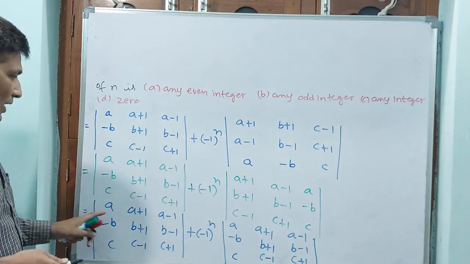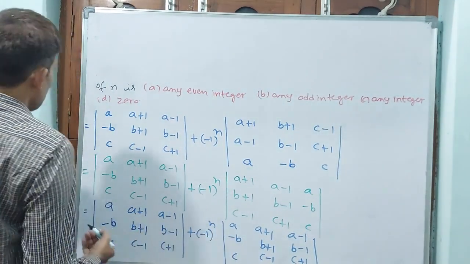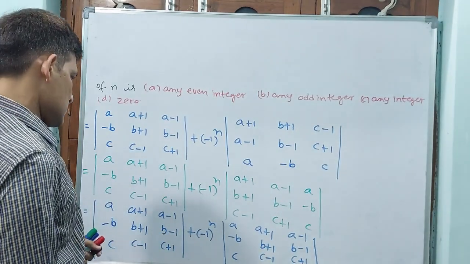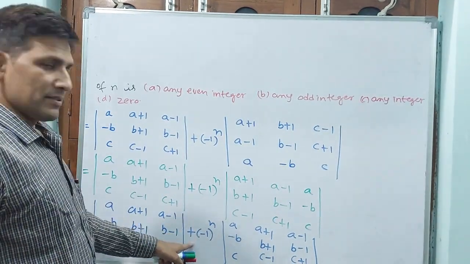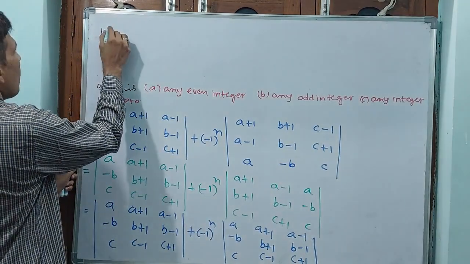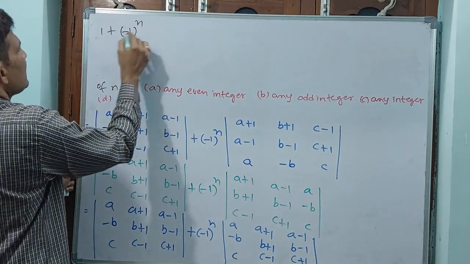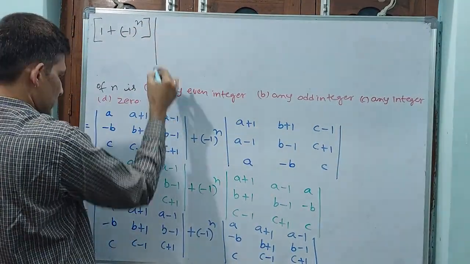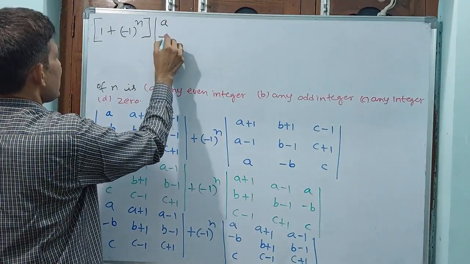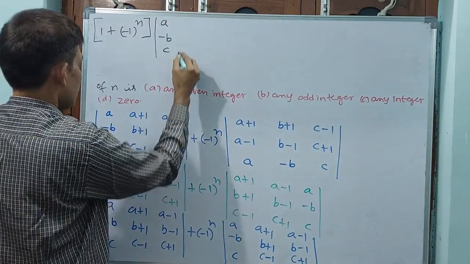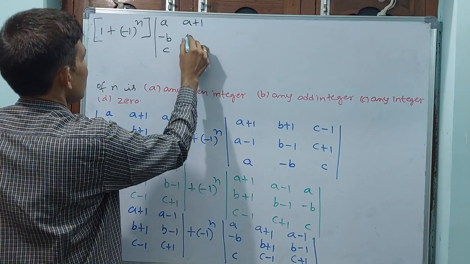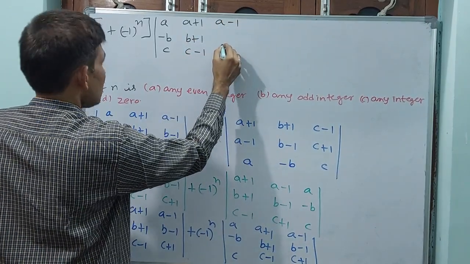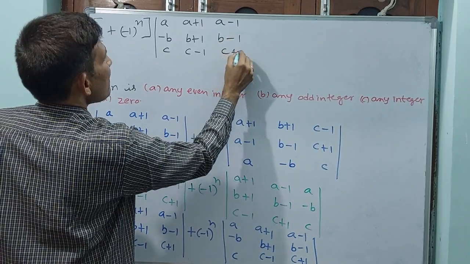proceed. I am taking this determinant as common. If I take this determinant as common, 1 plus (minus 1) power n is common, then the determinant is this: a minus b, c; a plus 1, b plus 1, c minus 1; a minus 1, b minus 1, c plus 1.